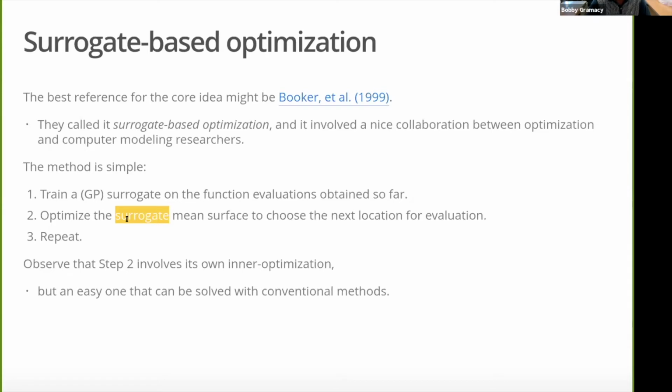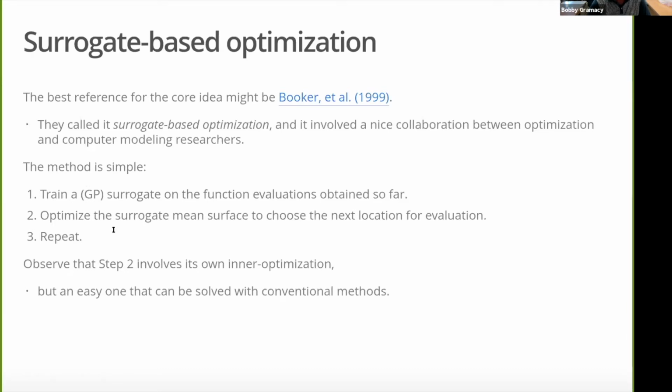And then that gets you the next spot where you're going to evaluate the actual function. Then you evaluate the actual function, and what you think is the answer, what you got from the surrogate, and then repeat. So the idea is that this auxiliary thing is providing you with some information that's similar to what you would get if you did the real function evaluation, but not the same.